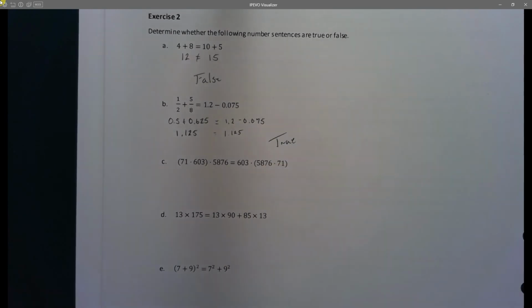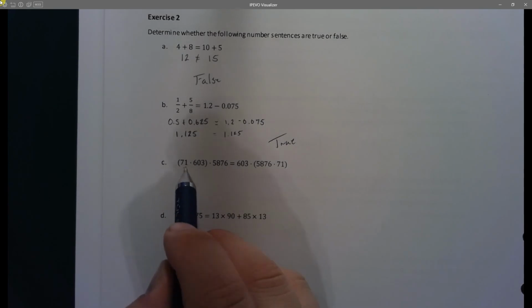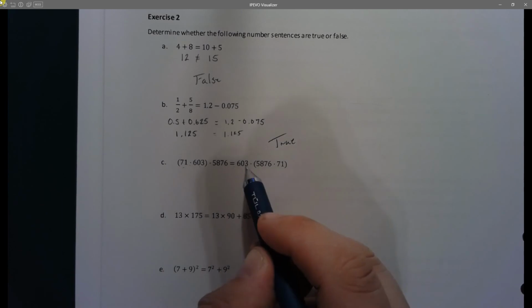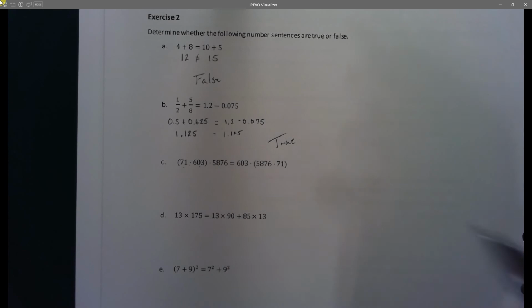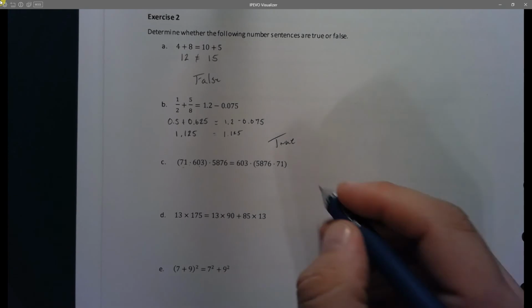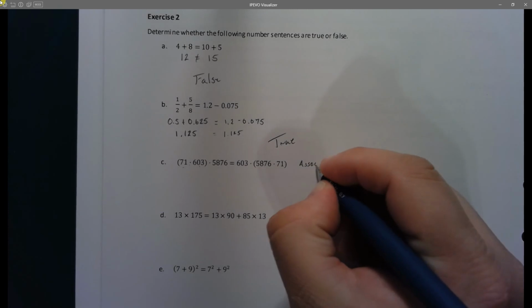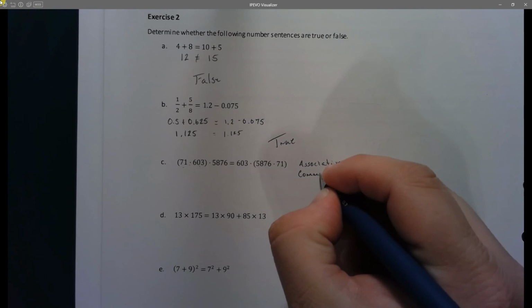Okay, so this is a true statement. Now look at C. 71 times 603 times 5,876 equals 603 times 5,876 times 71. Two things are happening here. You've got the associative property and the commutative property all taking place here.